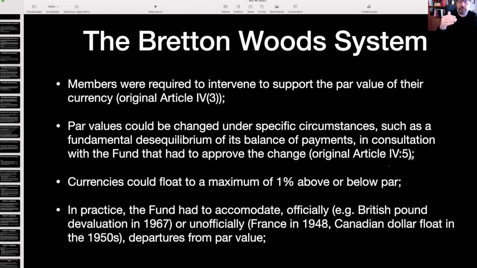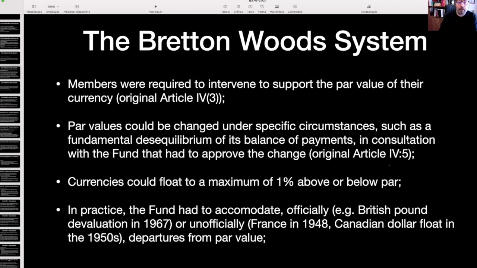So that's a fixed exchange rate system. It doesn't float up or down. Turning back to the Bretton Woods system, it did operate as a system of almost fixed exchange rates. There are a few exceptions, and I note those exceptions in this slide.